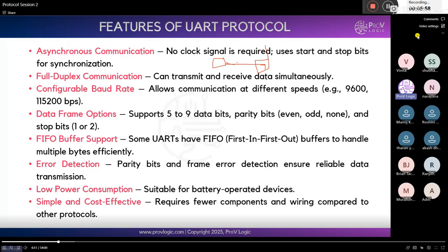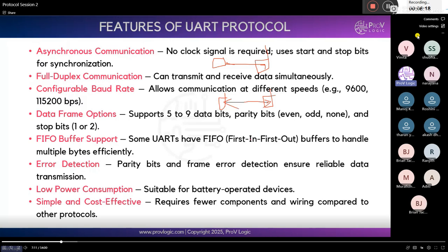But for asynchronous, the transmitter and receiver will be there, and still we will pass the data. Transmission and receiving is nothing but write address and read address, write data and read data, right?